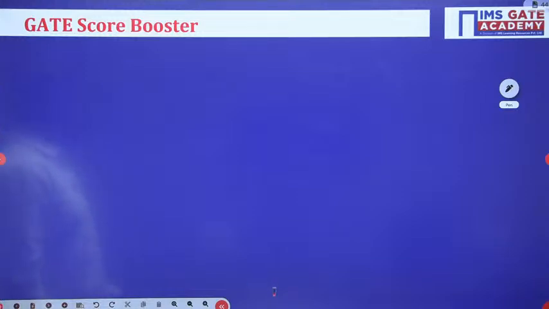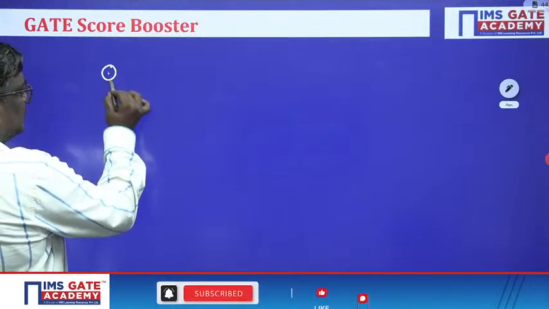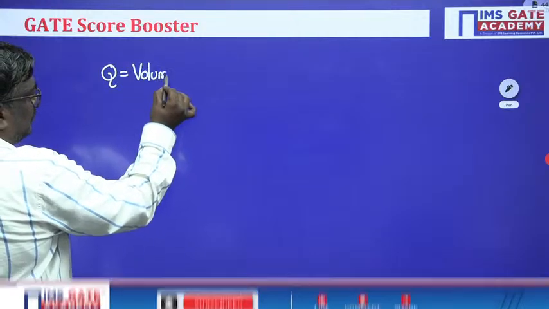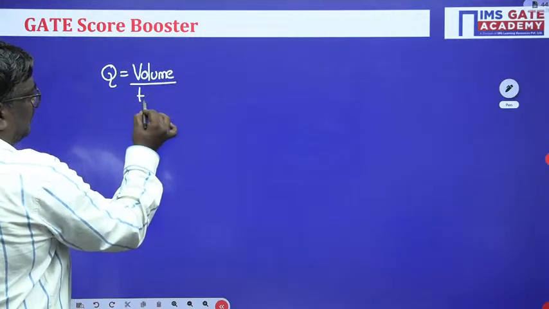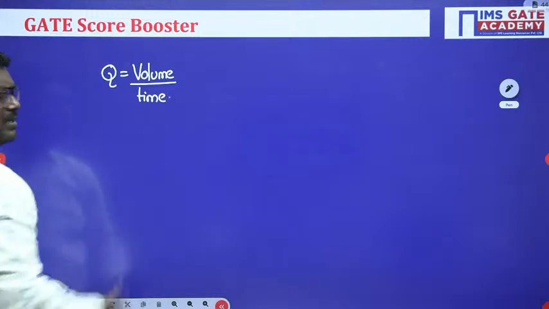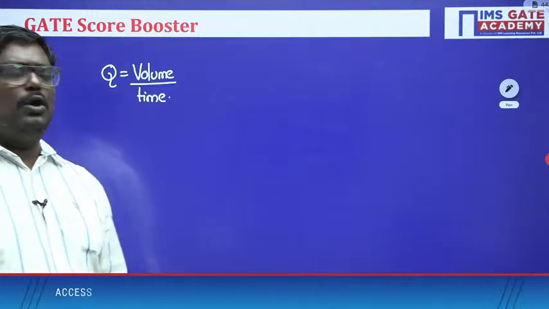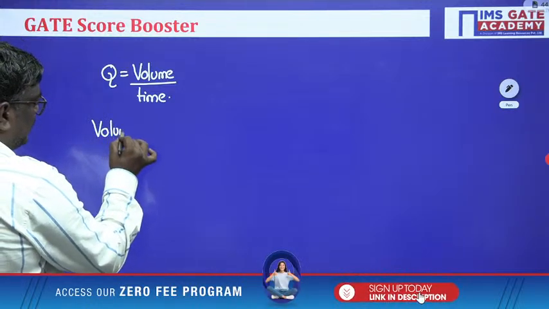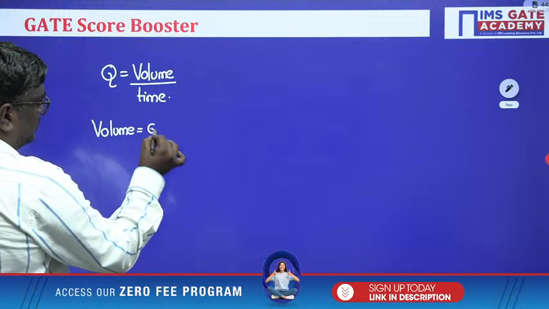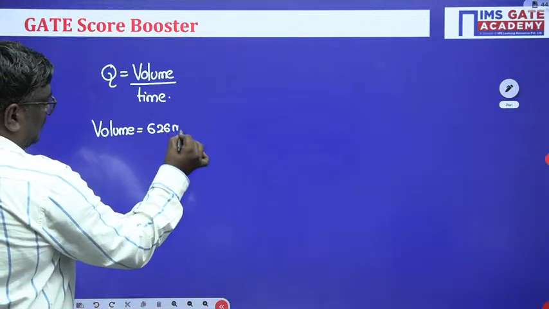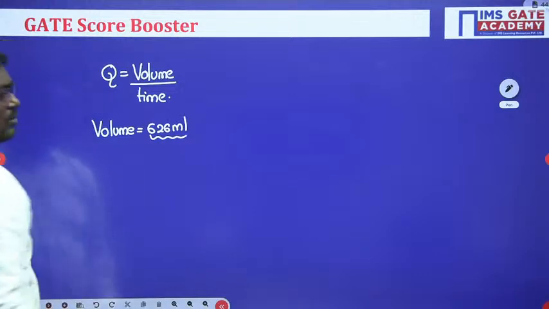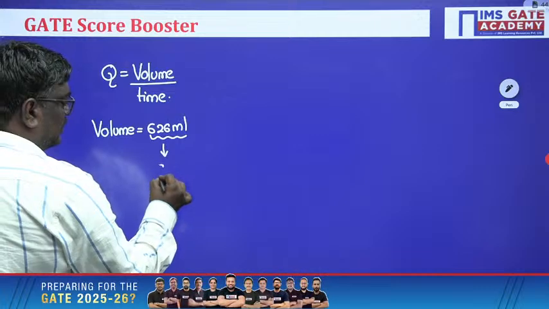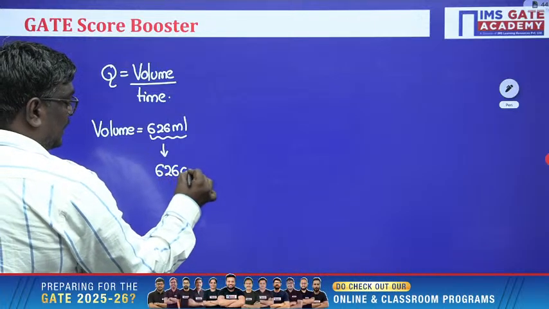Now see, students, you should know what is discharge. They have given you discharge. Discharge is volume upon time. Volume is given in the problem as 626 ml, which is equal to 626 centimeter cube.